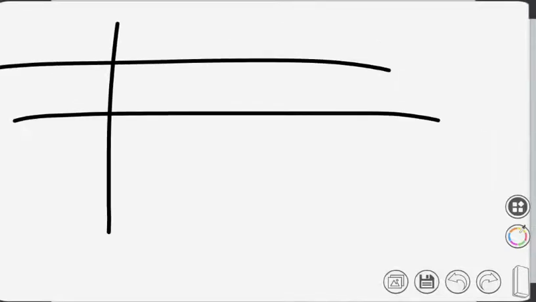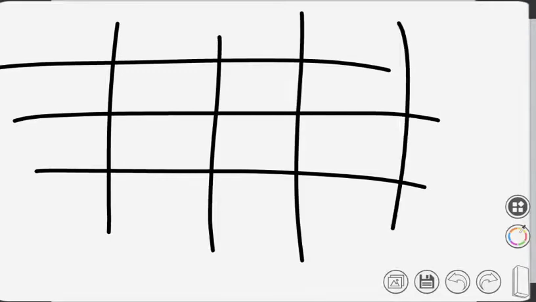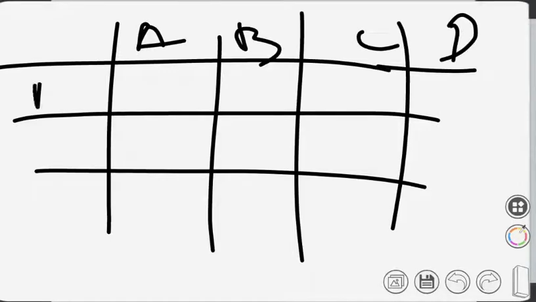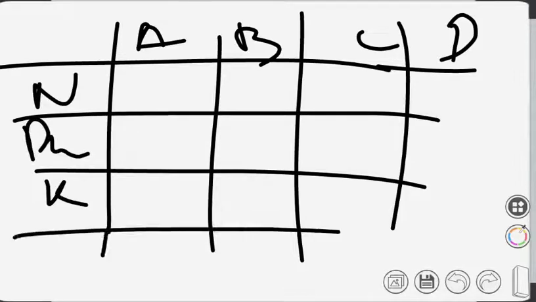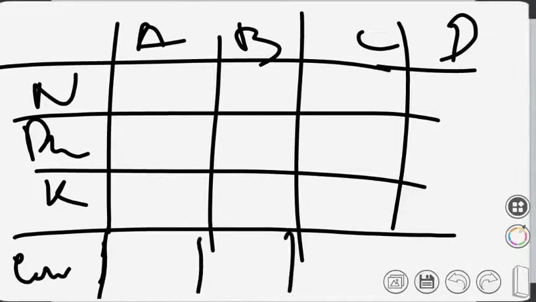So I have written the data like A, B, C, and D, and this is N, P, and K. Then I'm writing cow dung. Here it is blank, here it is 35, 40 and 42.